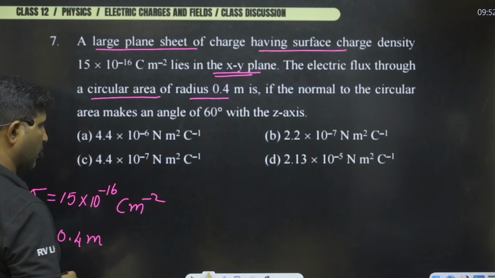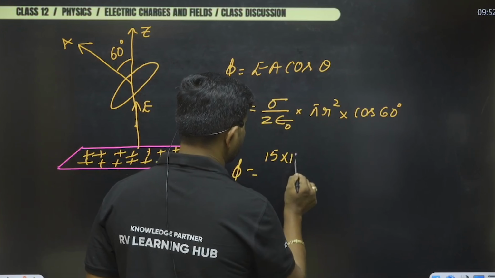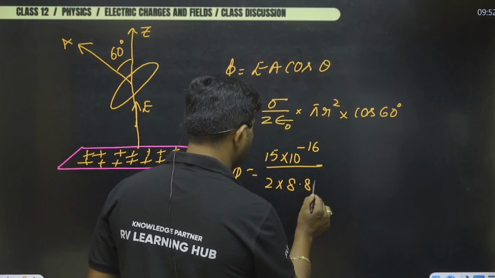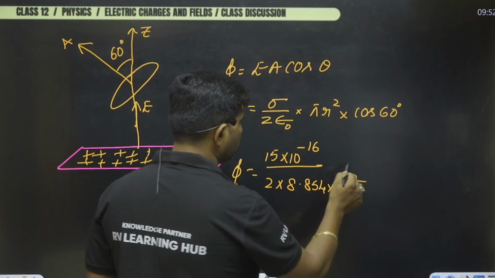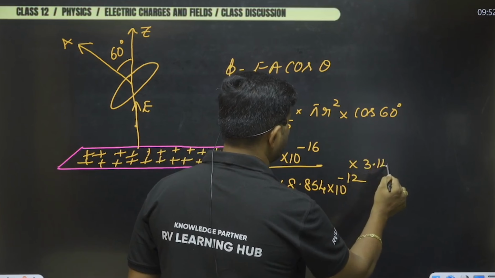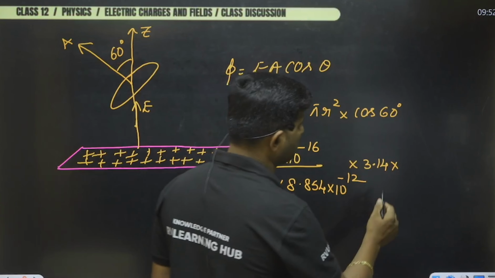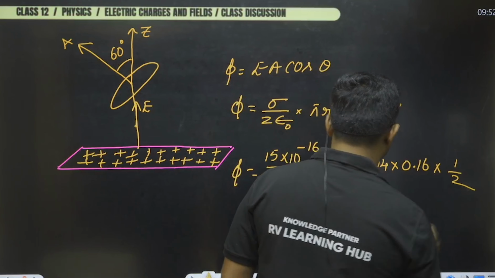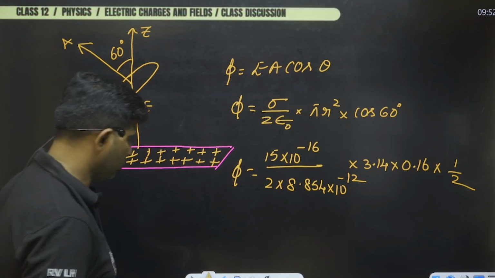What is sigma? They have given 15 into 10 to the power of minus 16, divided by 2 into 8.854 into 10 to the power of minus 12, into pi is 3.14, into r square. R square is 0.4 into 0.4, which is nothing but 0.16, into 1 by 2. Okay. So just do the calculation here.